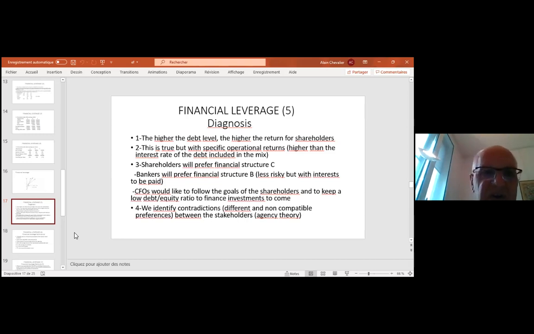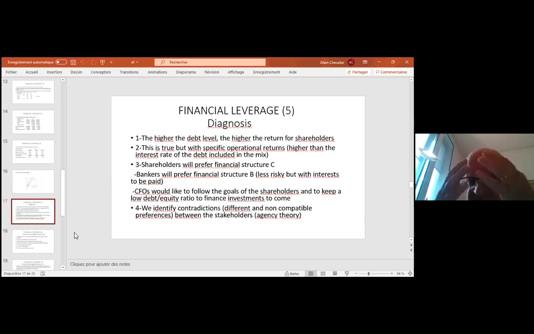What does it mean? If you have a low operational leverage, for example, if your operations are financed mainly by equity, you can consider having a more risky policy on the financial side.